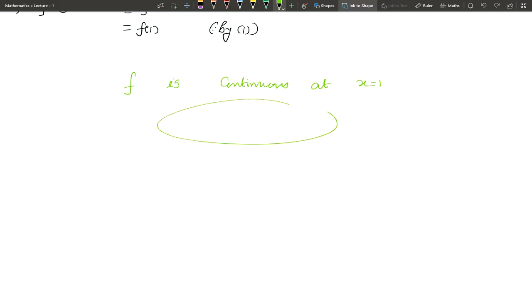We have proved here limit x tends to 1 f of x equal to f of 1. So function is continuous at x equal to 1. We take another example.